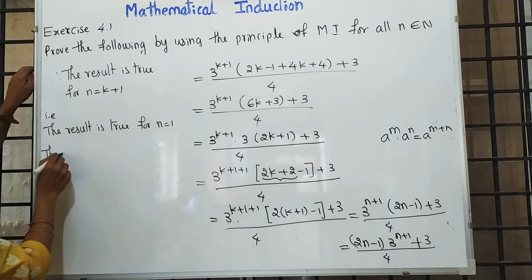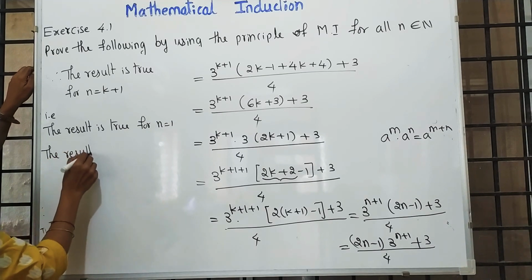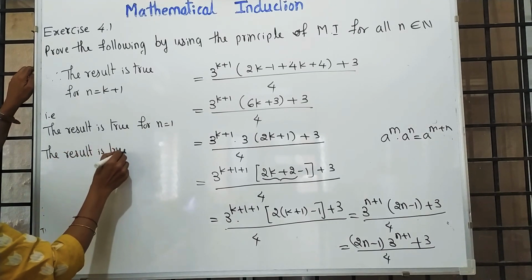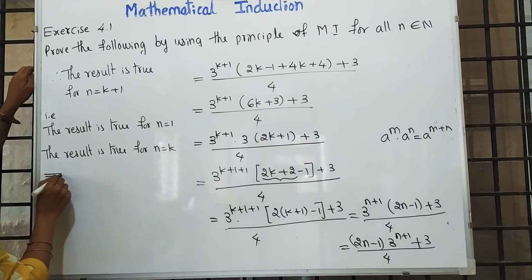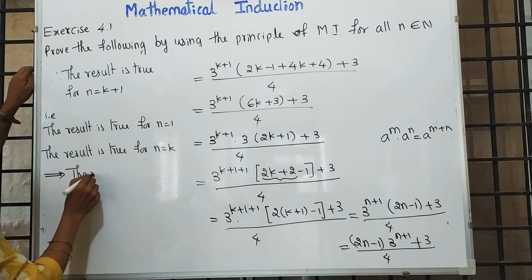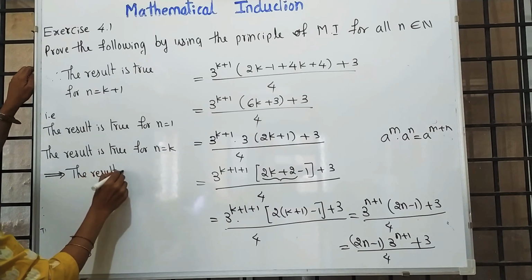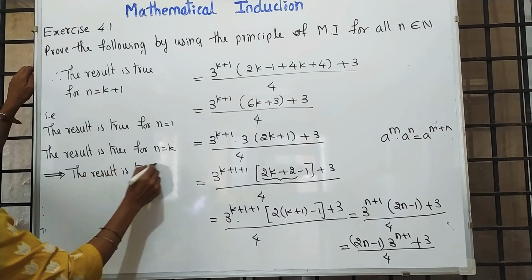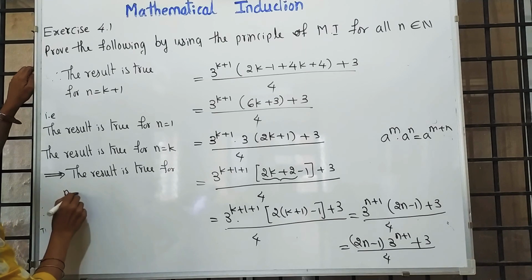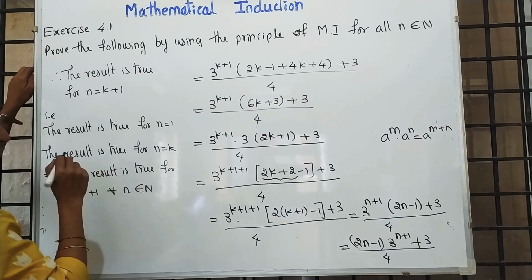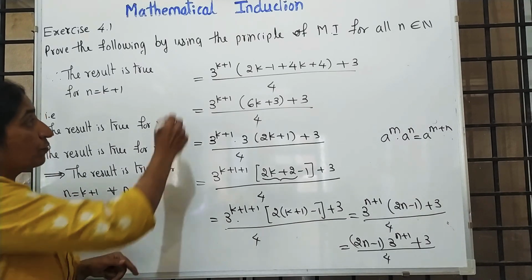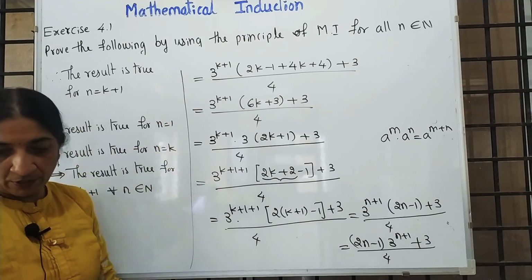Next, the result is true for n is equal to k. This implies the result is true for n is equal to k plus 1 for all n belongs to N. Understood? Don't mix with this. There is no place, that's why I wrote here.